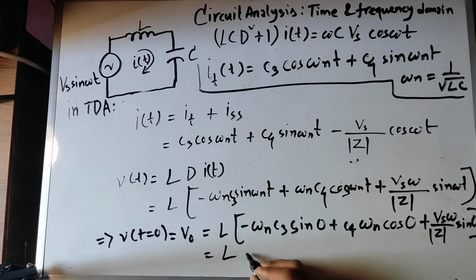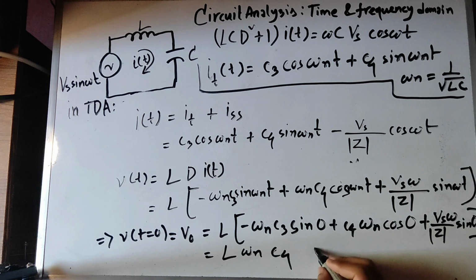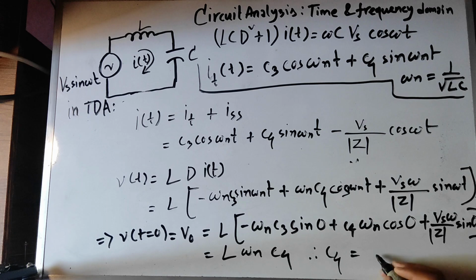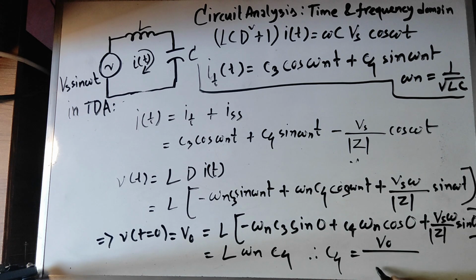So we are left with omega n C4. Thus C4 equals initial voltage by omega n L.